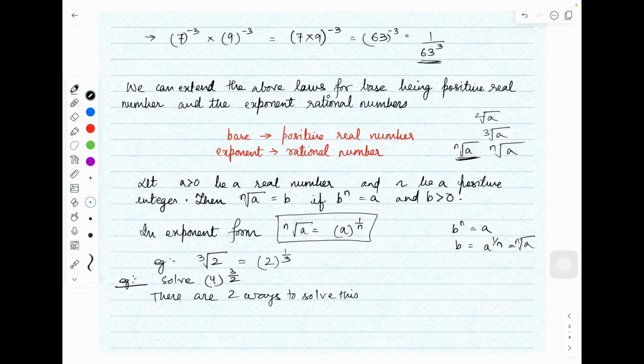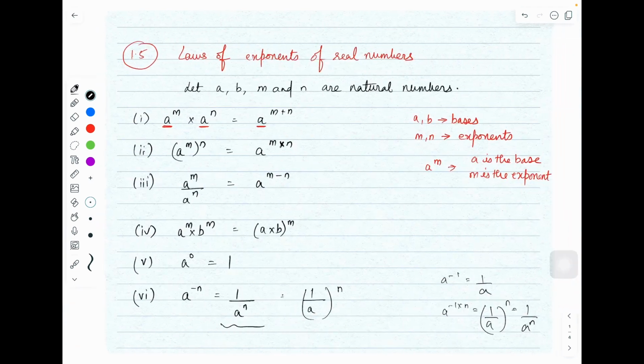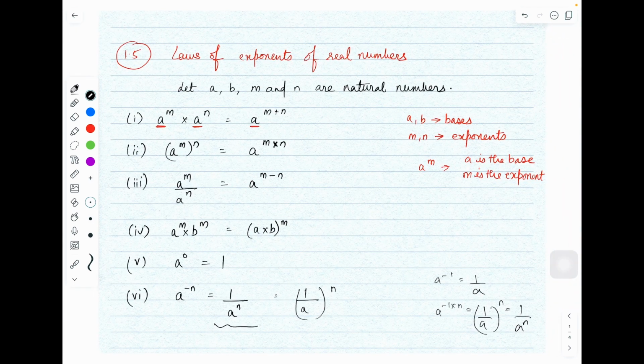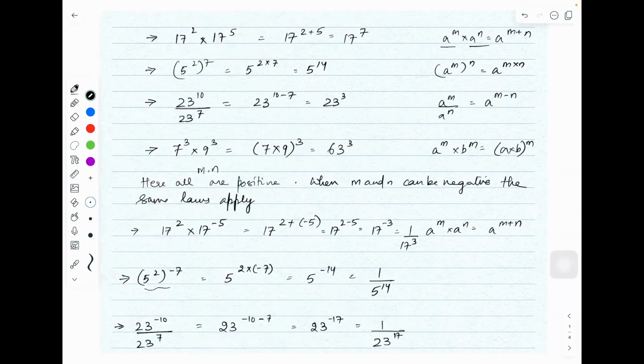We can write 4 to the power 3 by 2 as 4 to the power 3 into 1 by 2. This is the same thing, 3 by 2 can be written as 3 into 1 by 2. And from the second law, a to the power m to the power n equals a to the power m into n.